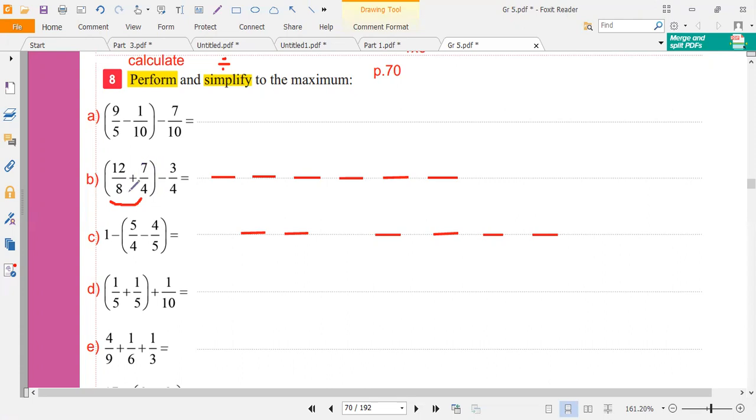So we think, can we simplify the first fraction? Yes, we can simplify by 2. And if we divide 8 by 2, we get 4. So we get the same denominator. So we divide the first fraction by 2.